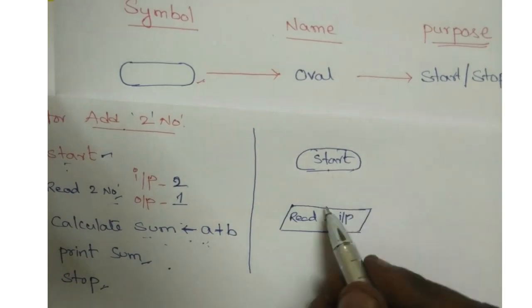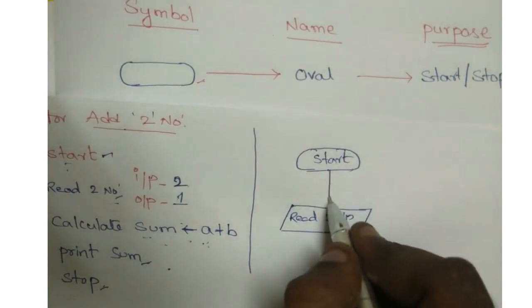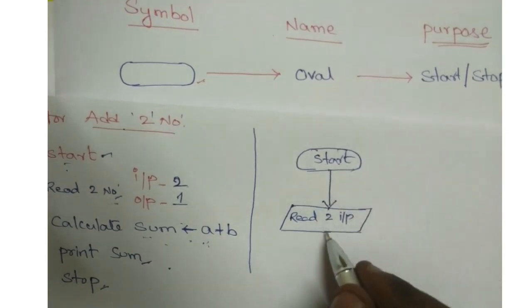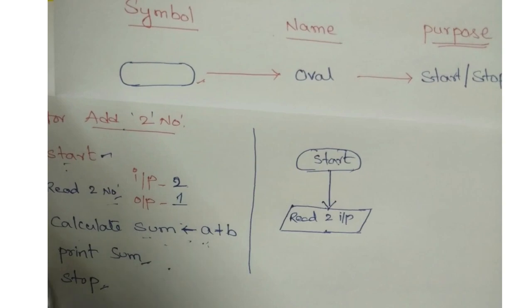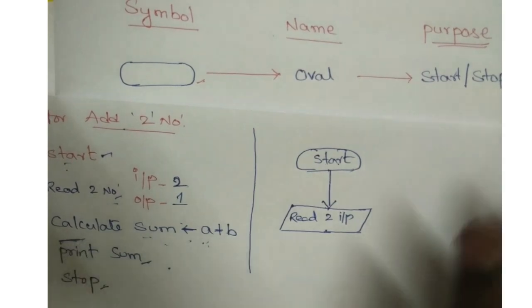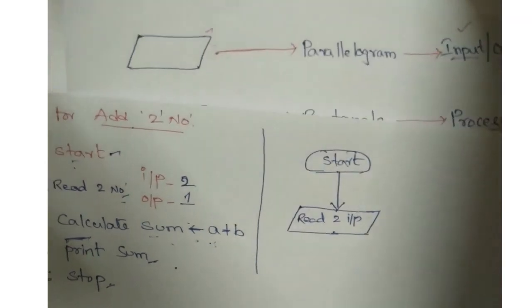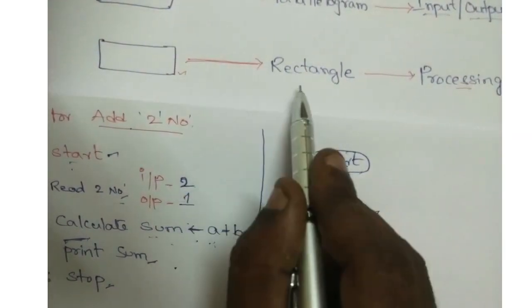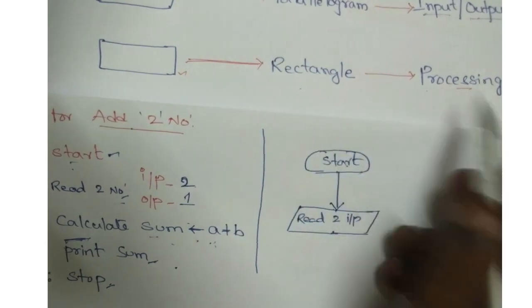Now from this step to this step, I can represent the flow with arrows. That is, I started here and then go to the next step. Now what is the third step here? I am calculating. For the calculation purpose, which symbol am I using? The rectangle. The rectangle symbol can be used for processing or calculating.